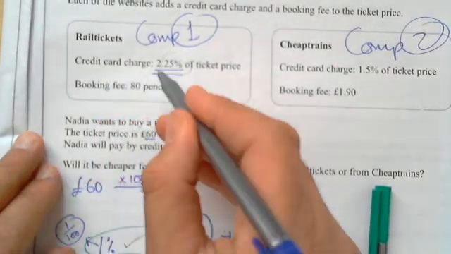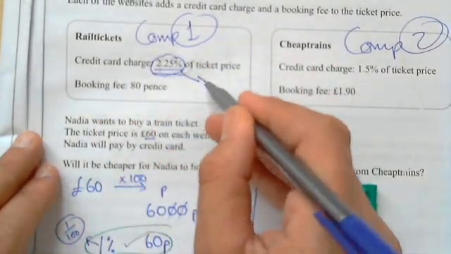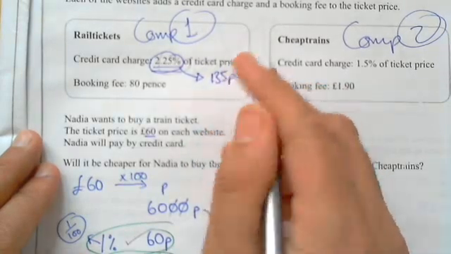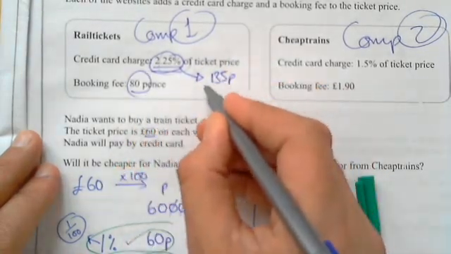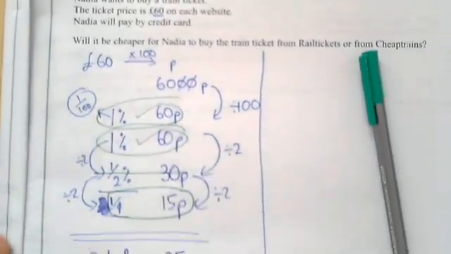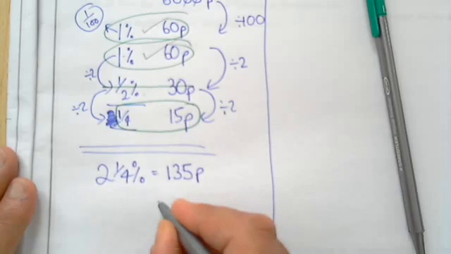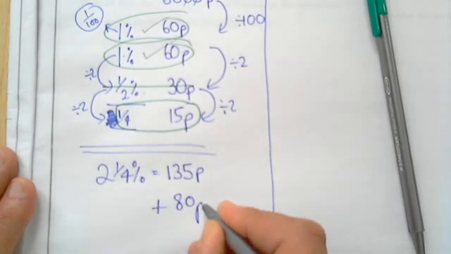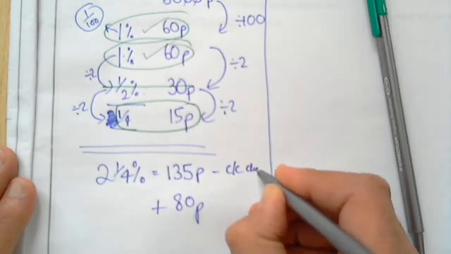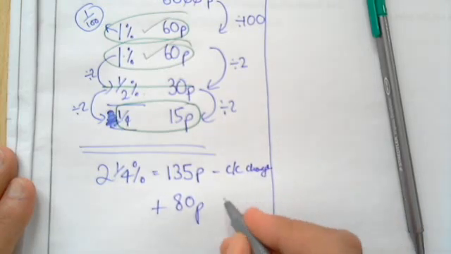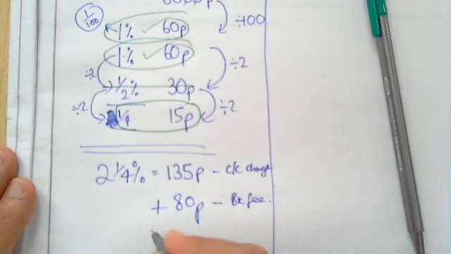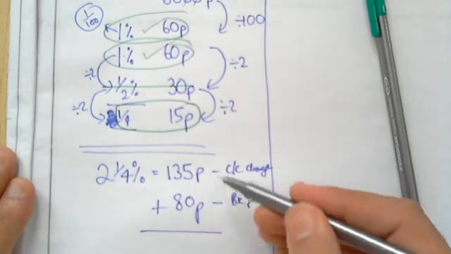So we worked out that the credit card charge of 2.25% is 135p. And then we've got to add the 80p. That's the credit card charge, and this one's going to be the booking fee. So add them up.